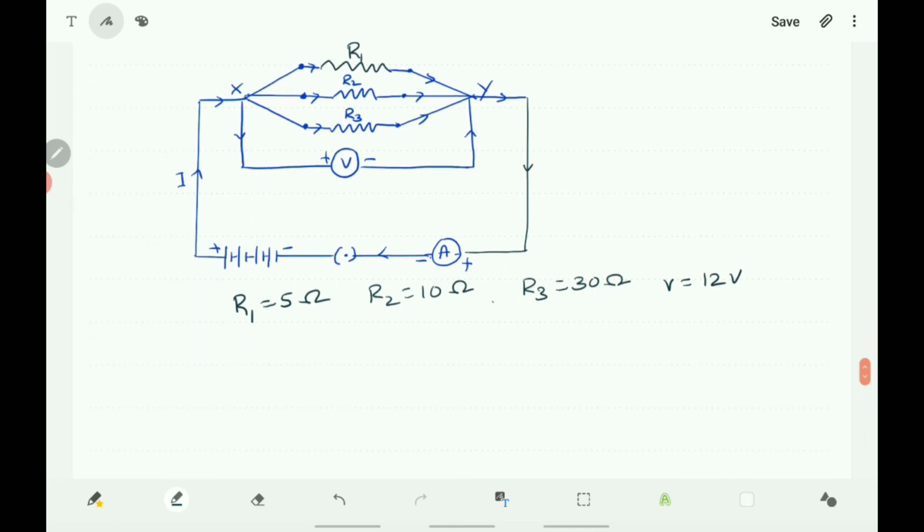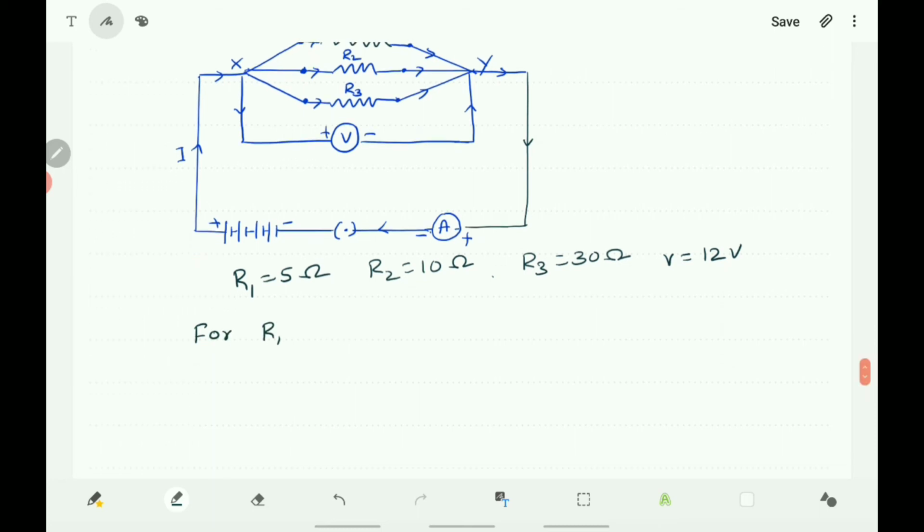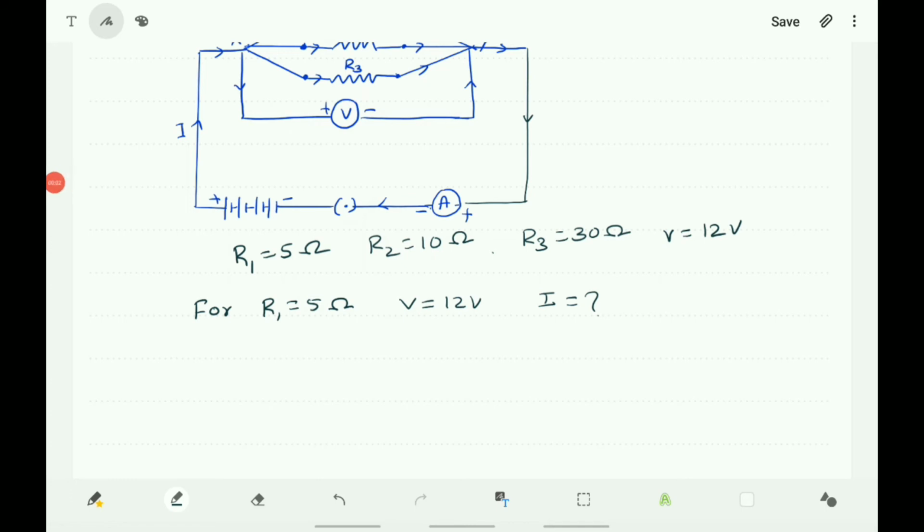Now for the first resistor, for R1, here I you can find out. For R1 is equal to 5 ohm and V is the same, that is 12 V, I is equal to question mark. According to Ohm's law, I is equal to V by R.